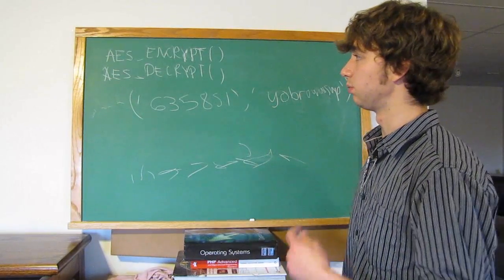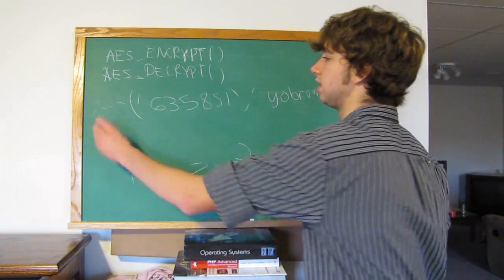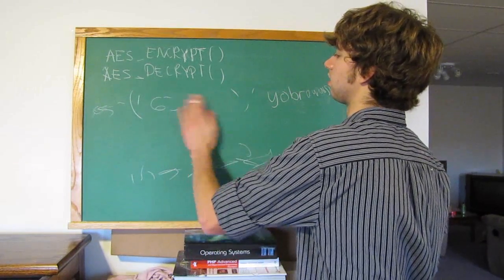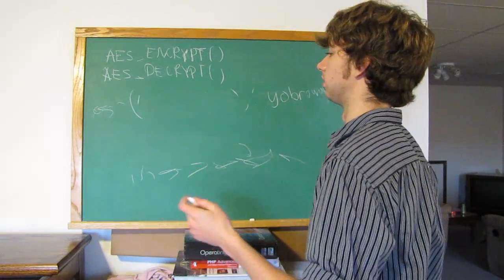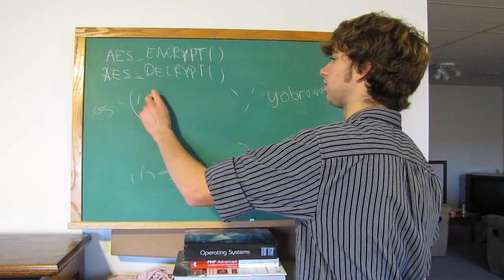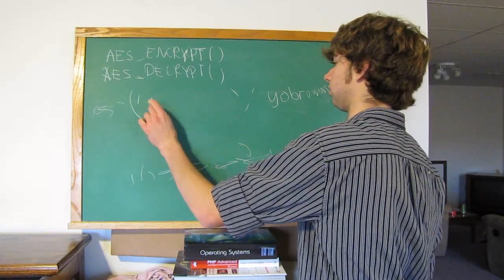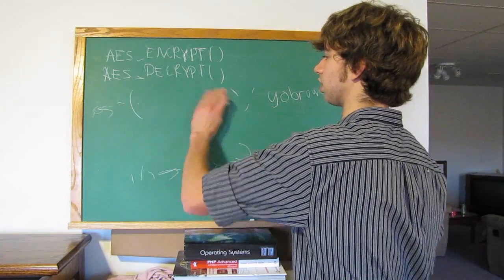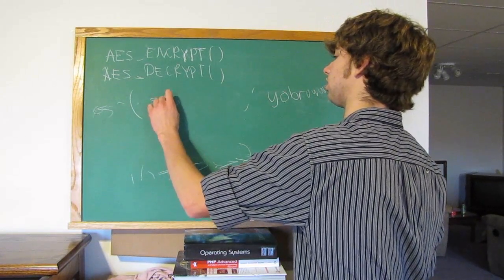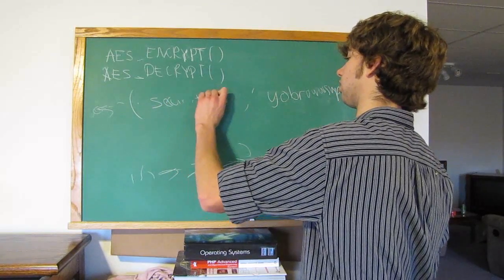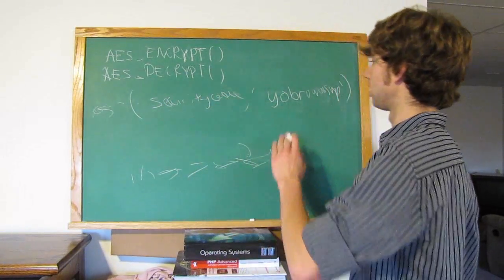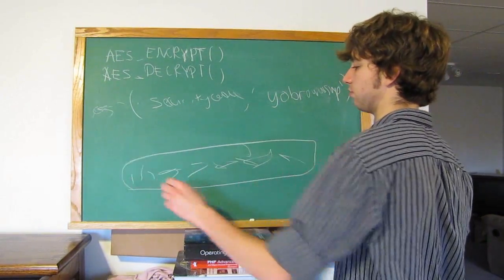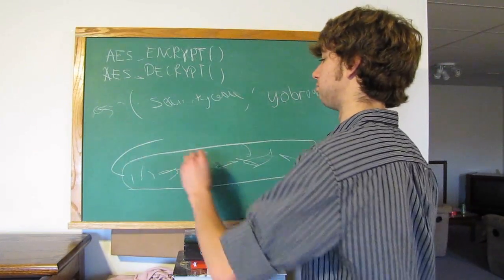But when we decrypt it, we can say AES decrypt, and then put the column storing the salt, the security code, and then we can say the salt, yo bro, what's up, and then it will take this original message and it will decrypt it back to the original.